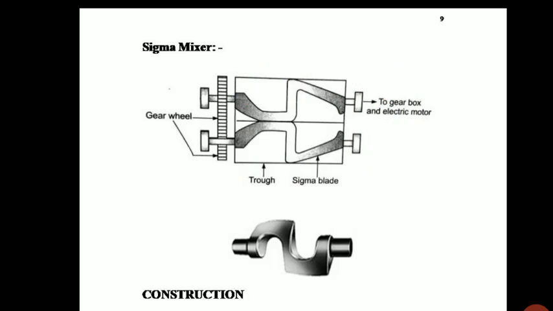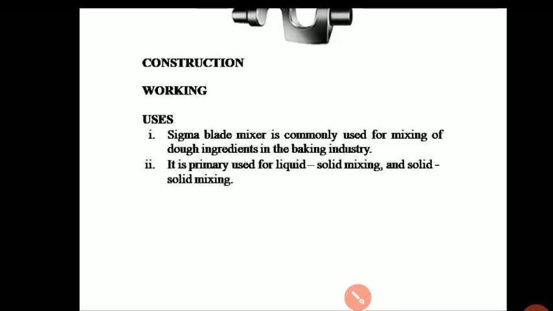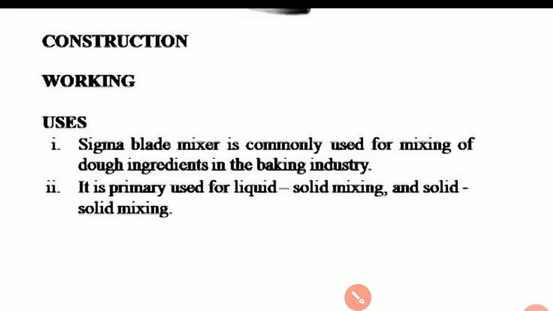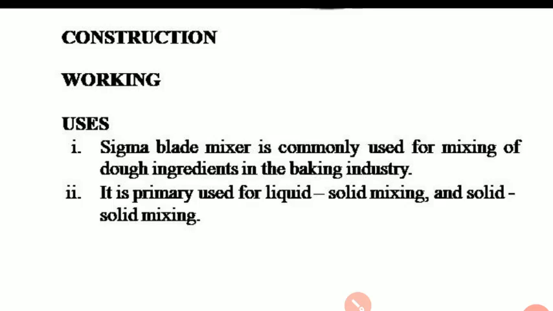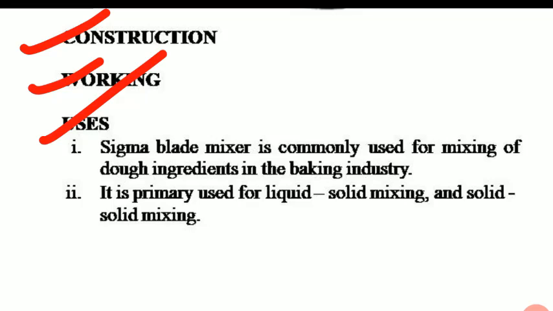So these are the uses of this sigma mixer, particularly in the baking industry, liquid solid mixing and solid mixing. So in this unit we elaborately discussed the basic working principle, construction and uses of this sigma mixer.